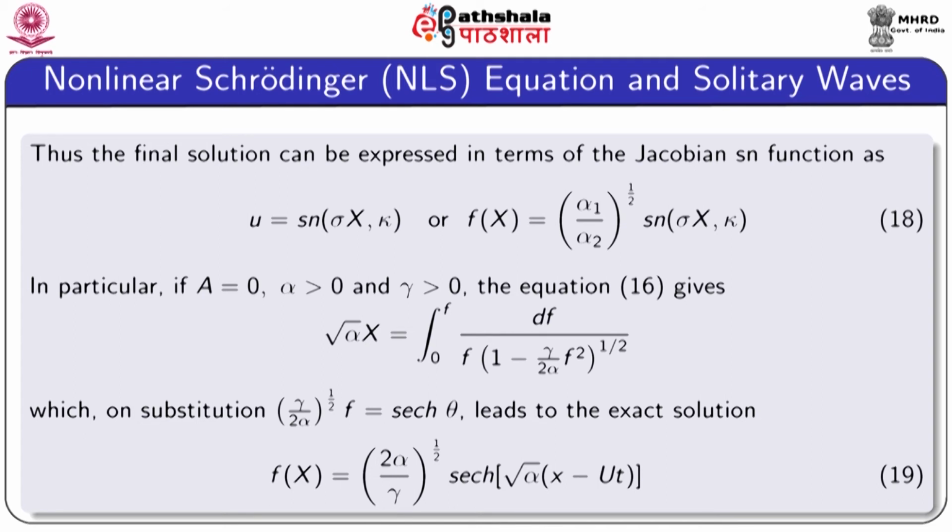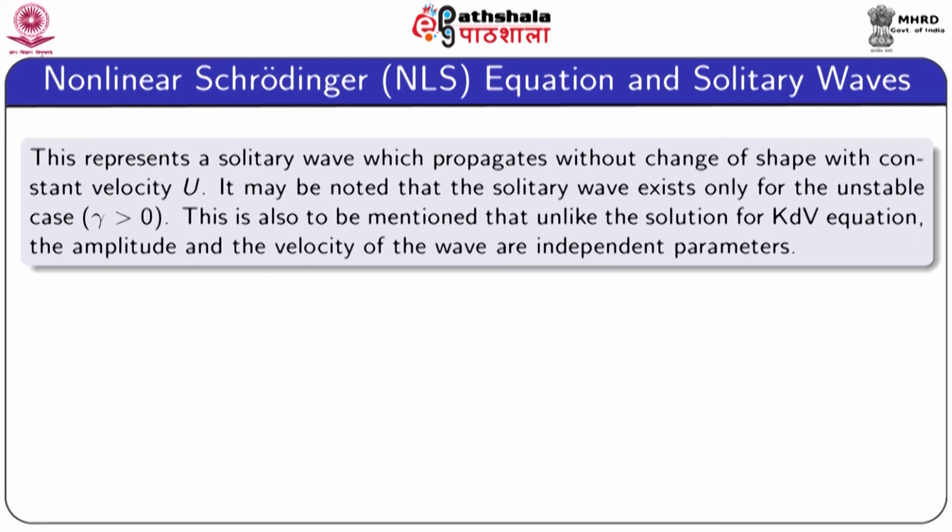Here velocity is U, which is a constant quantity, but it does not depend on the amplitude of the wave, whereas in case of the KdV equation, the speed depends on the amplitude of the wave. So, this is the basic difference between the solution of the KdV equation and the nonlinear Schrodinger's equation.